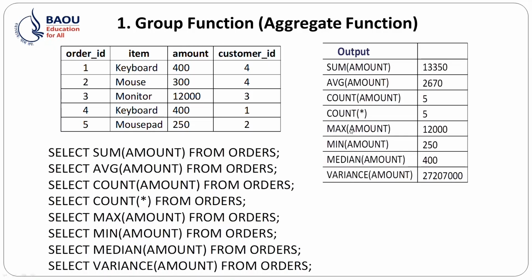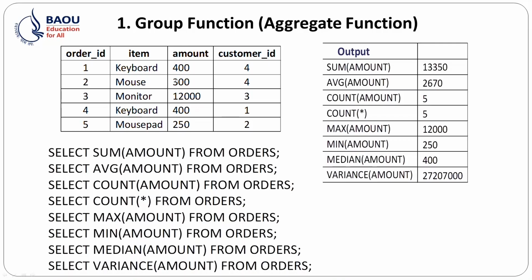The maximum function is used to find the maximum value. See, in the amount column, the maximum value is 12,000. Then the minimum amount value here is 250, so it returns 250. Now the median: select median. Median means middle value.